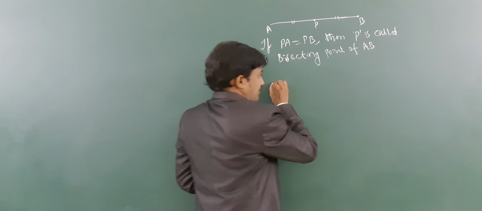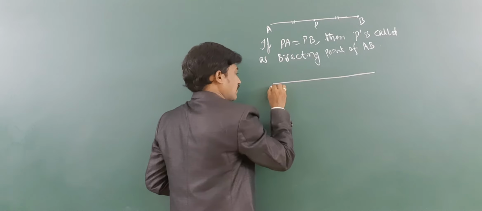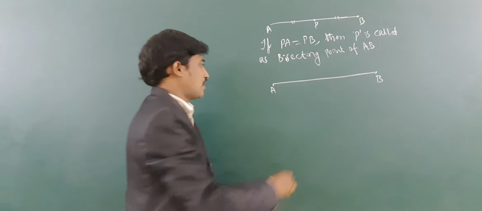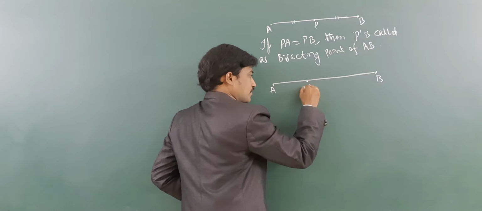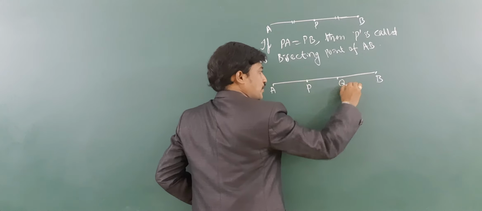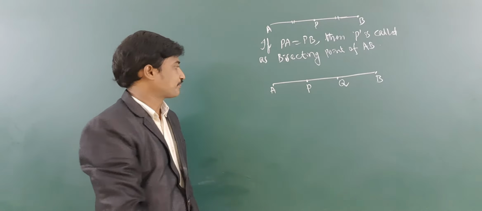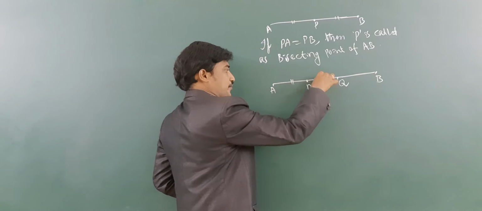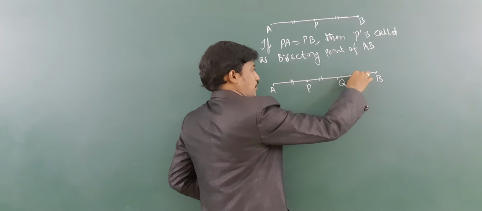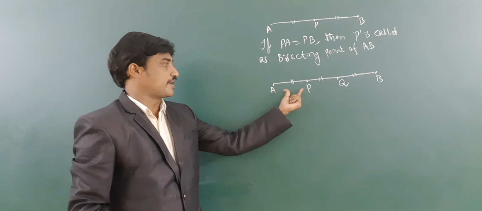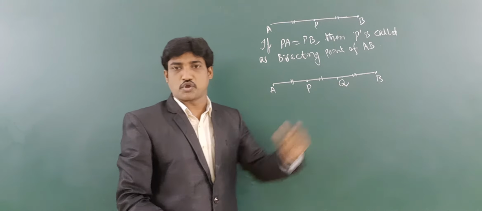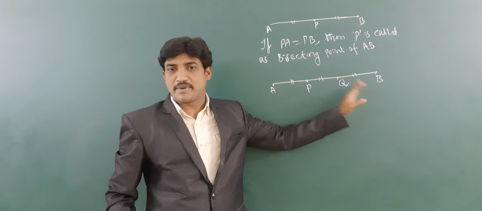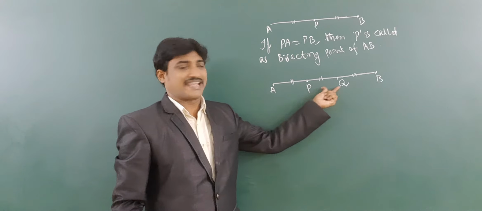I took the line segment AB, and there are 2 points P and Q on AB so that line segment PA is equal to line segment PQ is equal to line segment QB. That means P and Q divide this line segment AB into 3 equal parts.